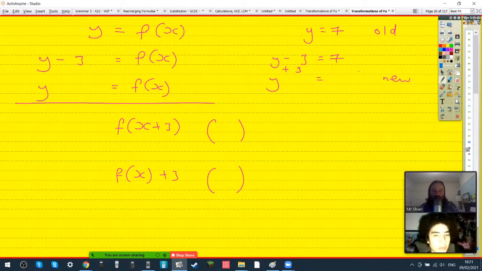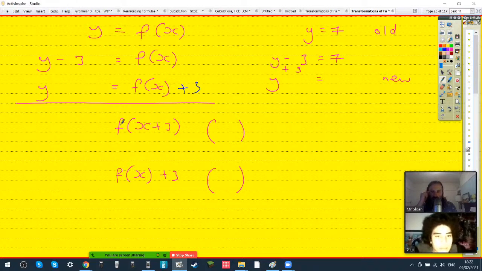That's fine. Okay, y is equal to f(x). It becomes, so y is replaced by y minus 3. So it's basically now going to be the y direction. So if y minus 3 is equal to f(x), then what is y equal to? y is equal to f(x) plus 3. So that is f(x) + 3.